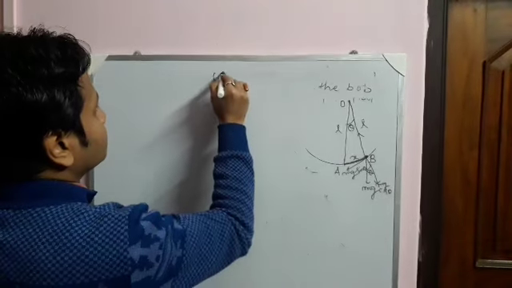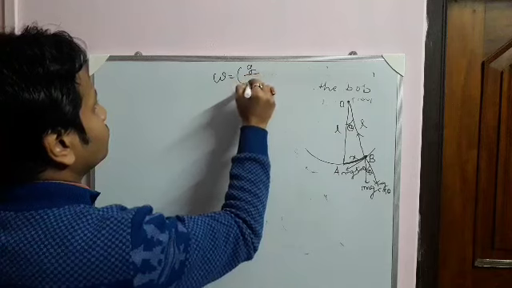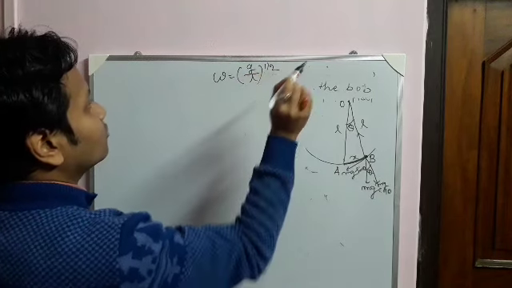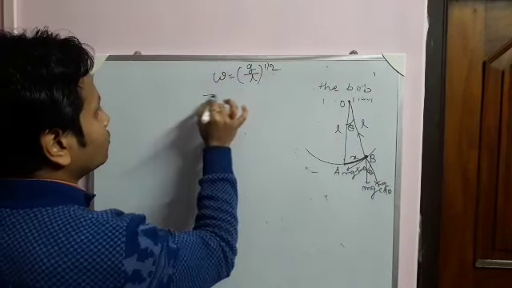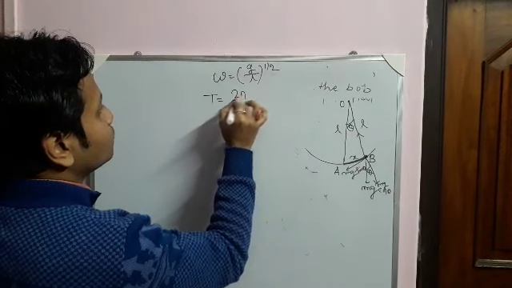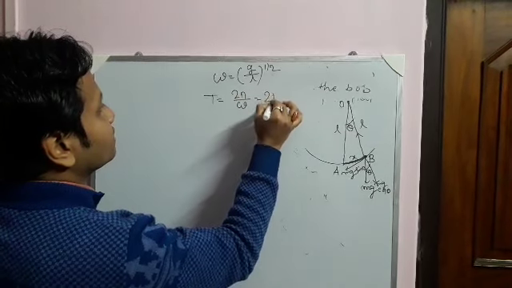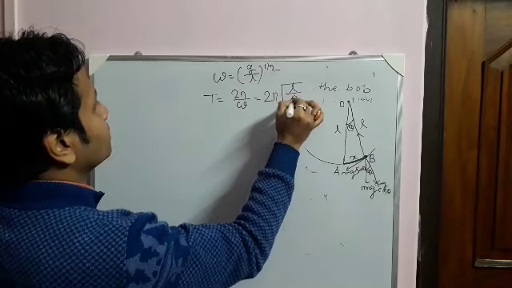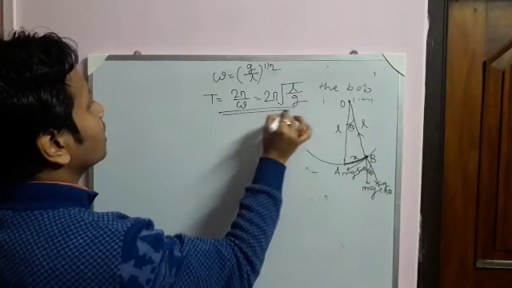So here we write omega equals g upon L whole to the power half. This is the angular frequency of oscillation. Now what will be my time period? 2 pi by omega, that is we can write 2 pi square root L by g. So this is the working formula.